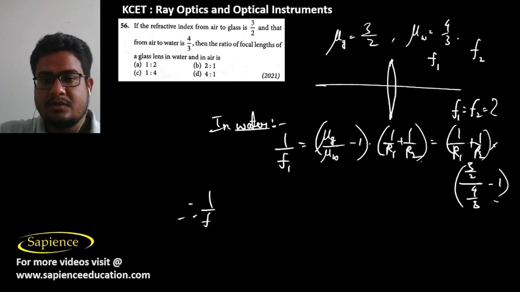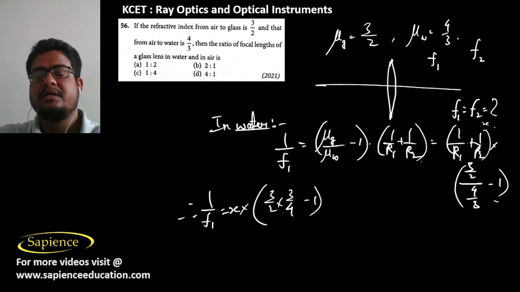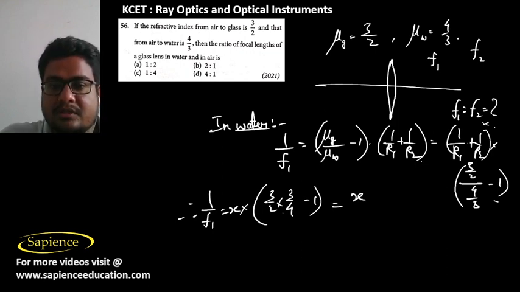Therefore 1 by f1 is x into 9 by 8 minus 1, that is equal to x by 8, in centimeter inverse.